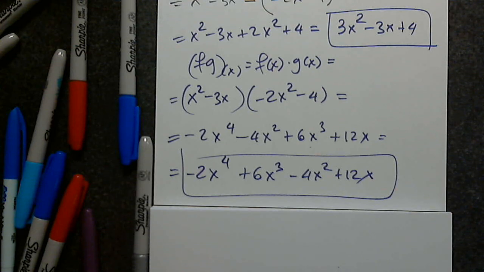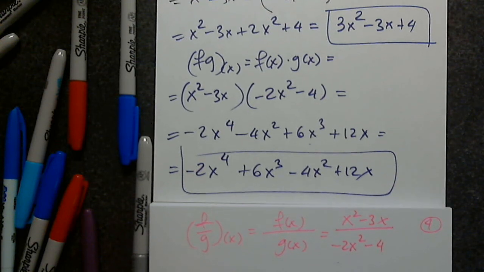So the ratio now. So this is f over g of x, which is f of x divided by g of x. I copy x squared minus 3x, and I copy negative 2x squared minus 4.